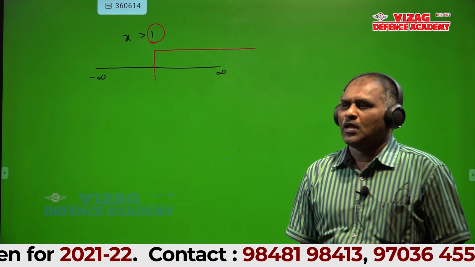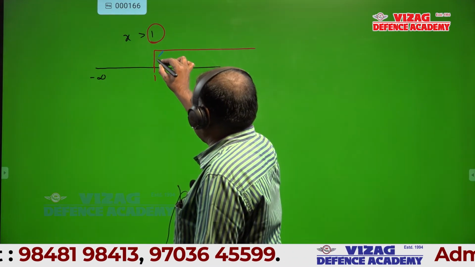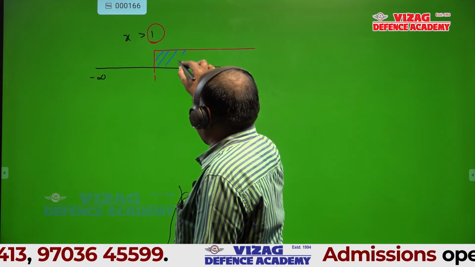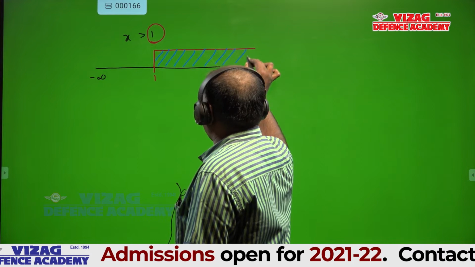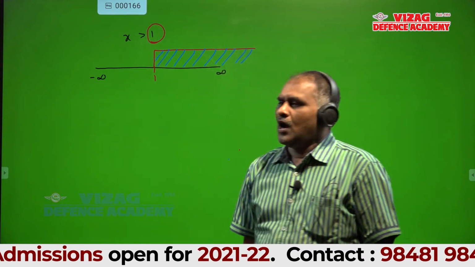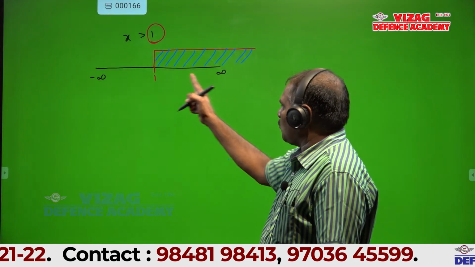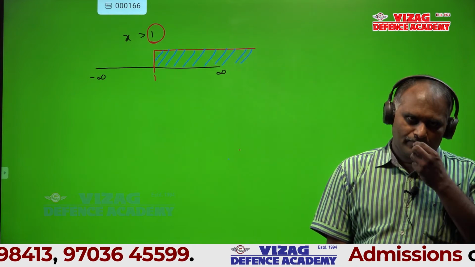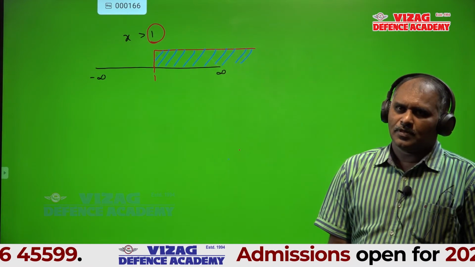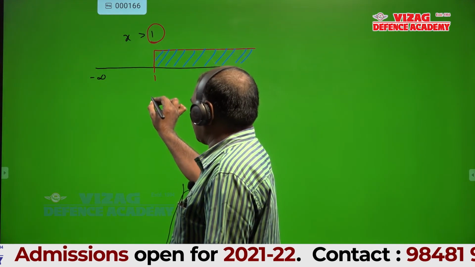Listen, on the right hand side, this is the part, and this part is called an interval. How do we write that interval? Observe, 1 to infinity. What is the least value? 1.0001.